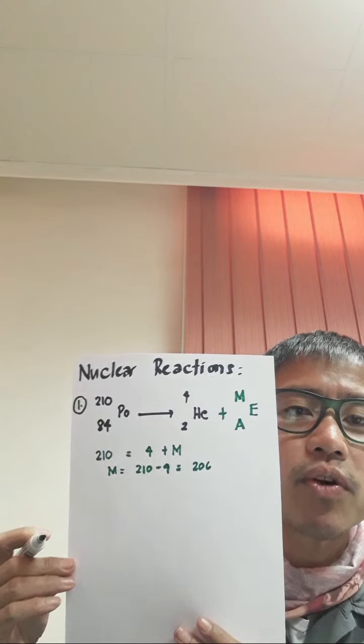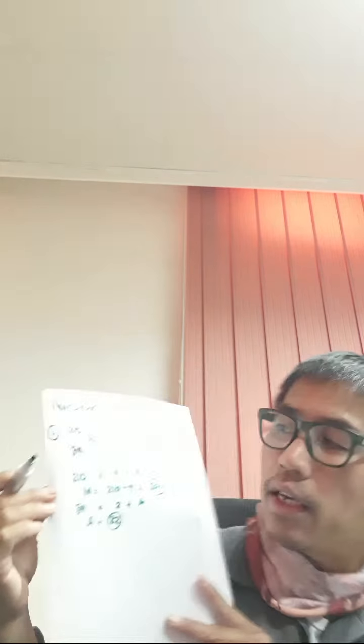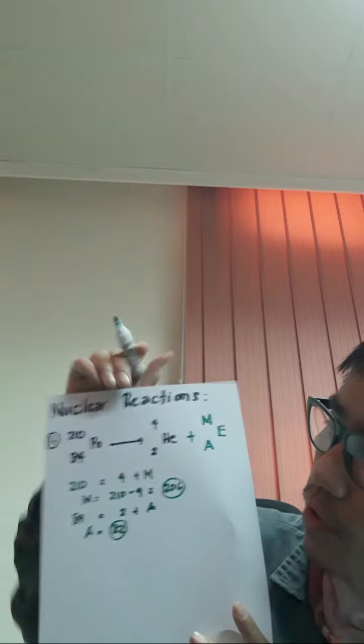This is for the upper portion, the mass number. The second step is to compute the atomic number: 84 equals 2 plus A, then A equals 82.